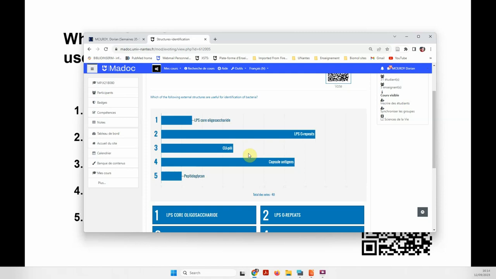So for the capsule antigen, O antigen and flagellar antigen, if you've got a bacterium that has the capsule, it will have one type of antigen, okay? If you've got LPS O repeats, it will be one type of repeat on the same bacterial cell. But with pili, one bacterial cell may have two or more different types, okay?